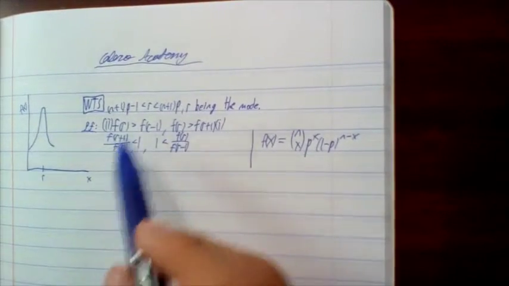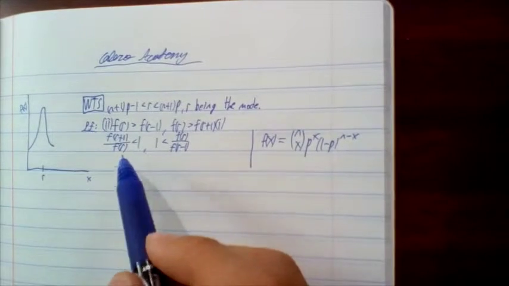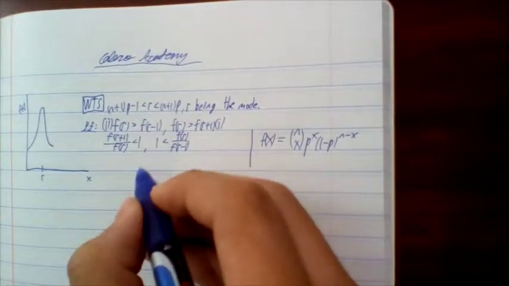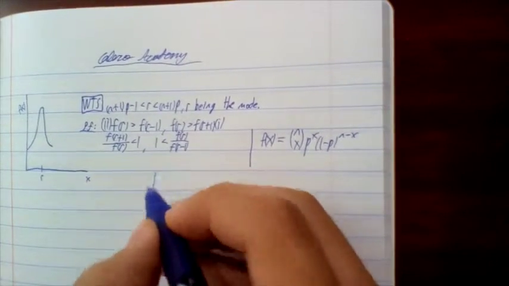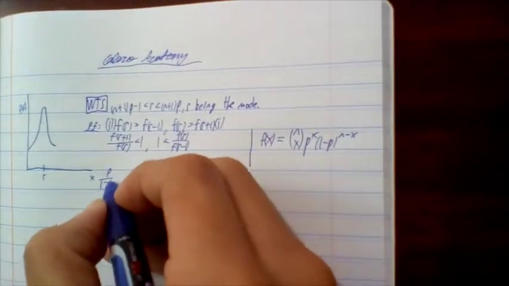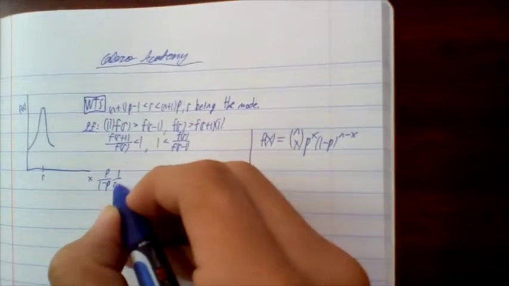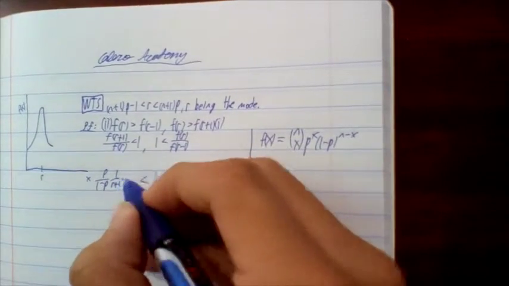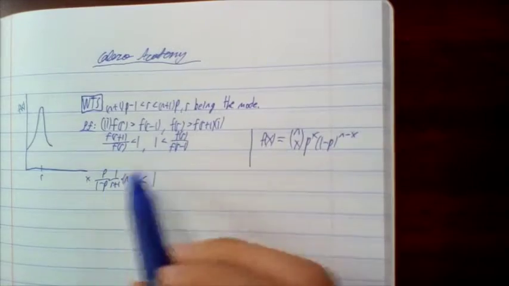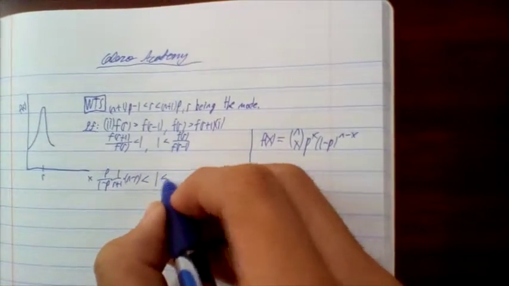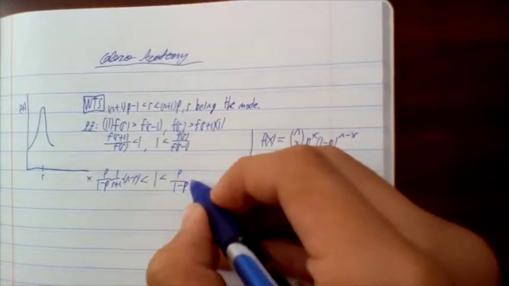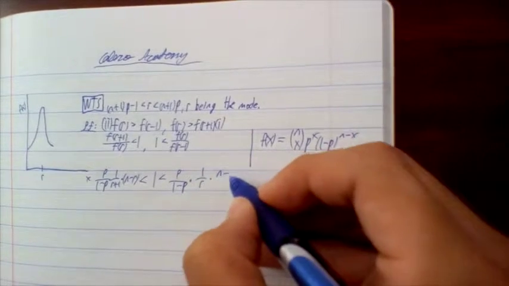After a lot of simple algebra, what we're going to get is that 1 will be less than p on 1 minus p times 1 on r plus 1 times n minus r. And in turn, 1 itself will be less than p on 1 minus p times 1 on r times n minus r.